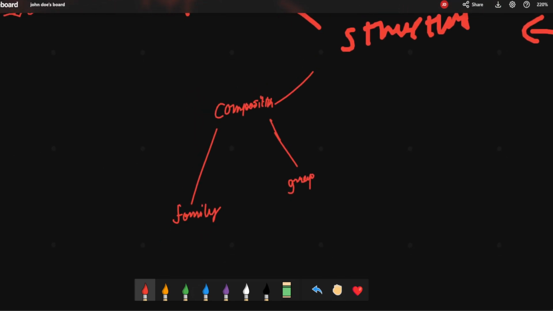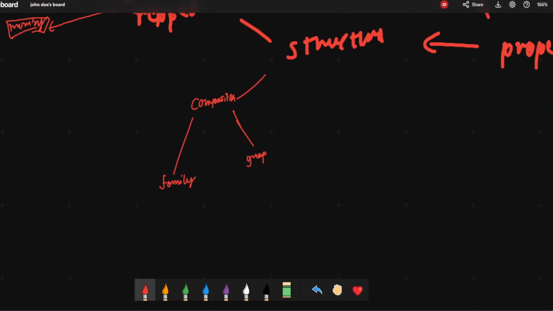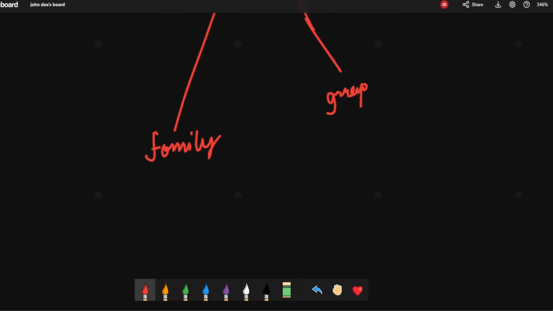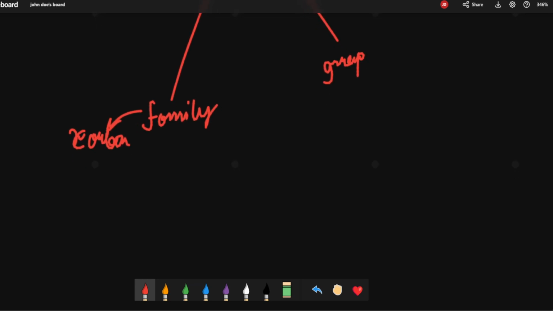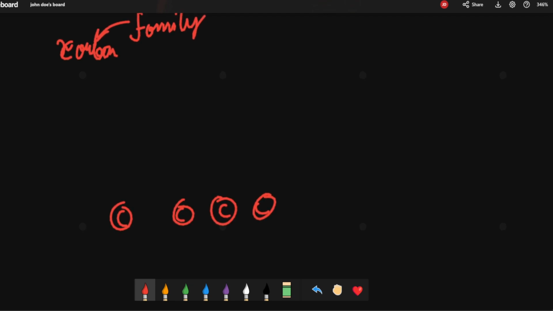This group can be within a family. The family is differentiated by their number of carbons. You have carbon, carbon, carbon, carbon, and you might even have more.